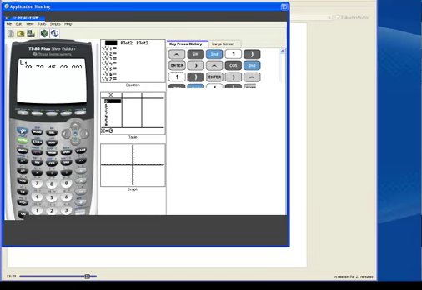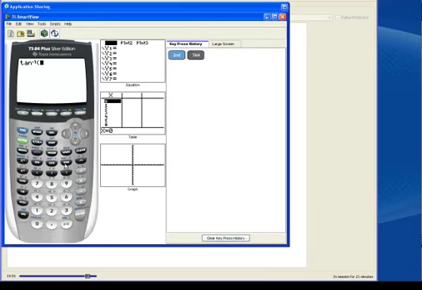Inverse tangent of 3.152 gives 72.40. It seems like we need 4 significant figures. That's pretty close to my estimate of 70 degrees.